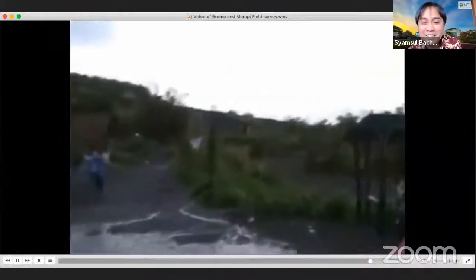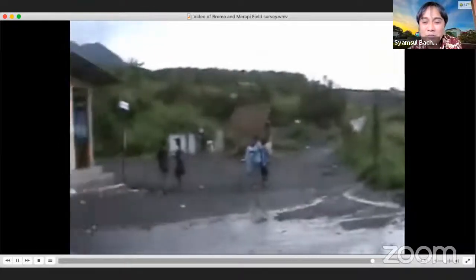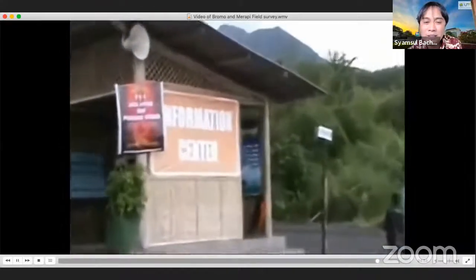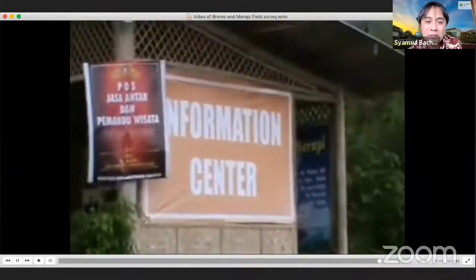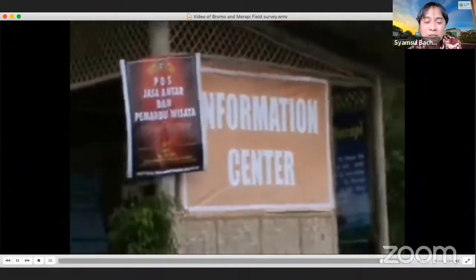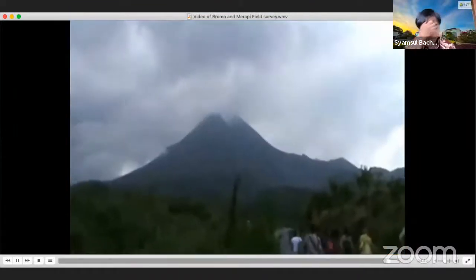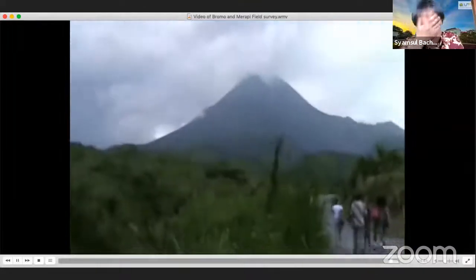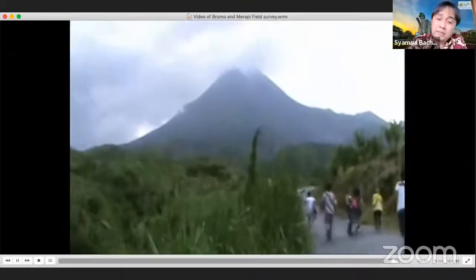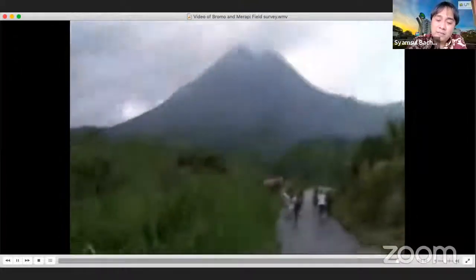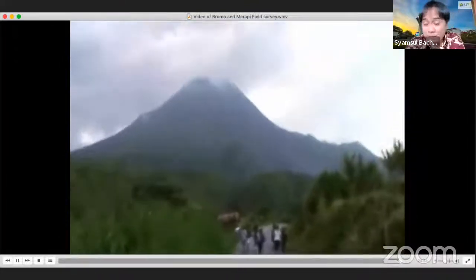If you go for leisure time at the information center, the tourism international center, they developed this. And walking, hiking, and trekking in Merapi is also another activity that a lot of people now do when they visit Merapi in Yogyakarta.